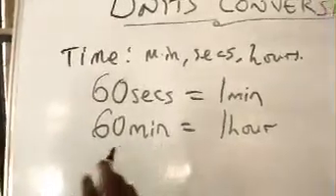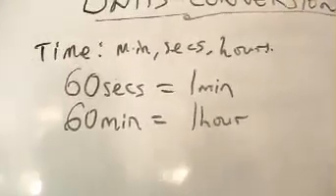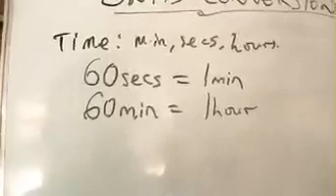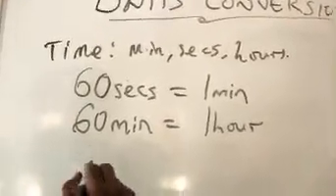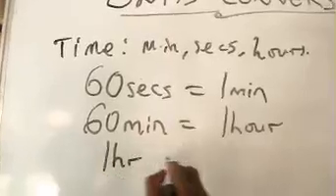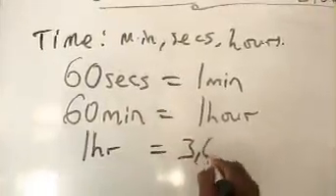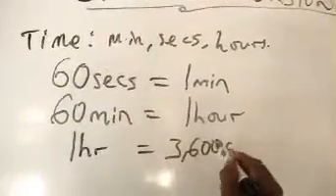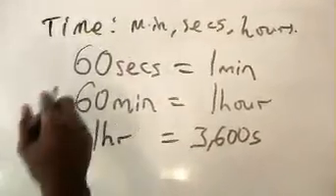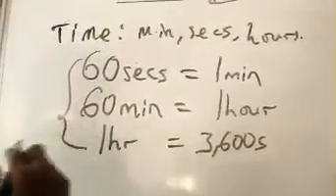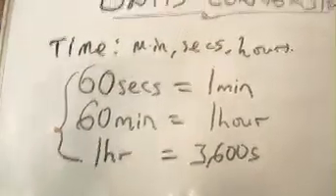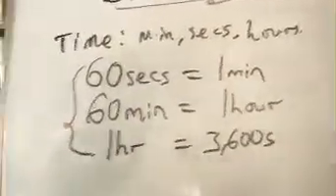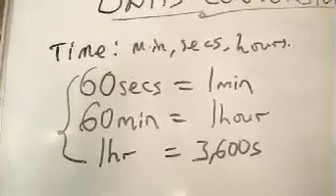What is very important for us to note, and probably we've not been including this one, is that 1 hour is equal to 3,600 seconds. So these are the 3 things we should have in mind. If you've not, you have to memorize them, because we need them as we begin to solve problems.